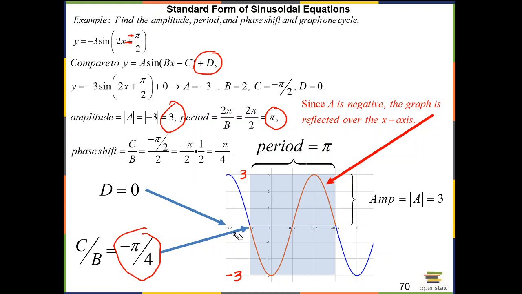The phase shift. So this number right here on the x-axis is negative pi over 4. And the period is pi, so negative pi over 4, we have to add to it pi. Now pi is 4 pi over 4 plus negative 1 pi over 4 is 3 pi over 4.